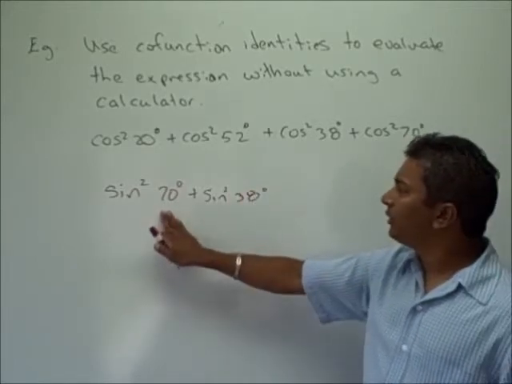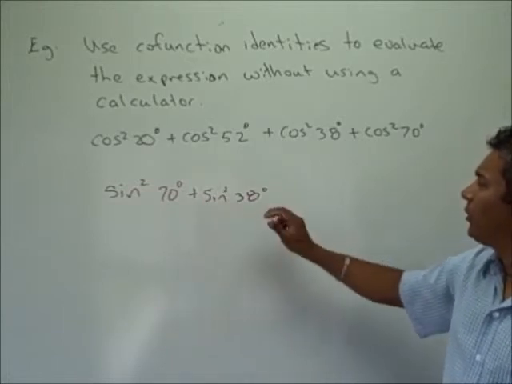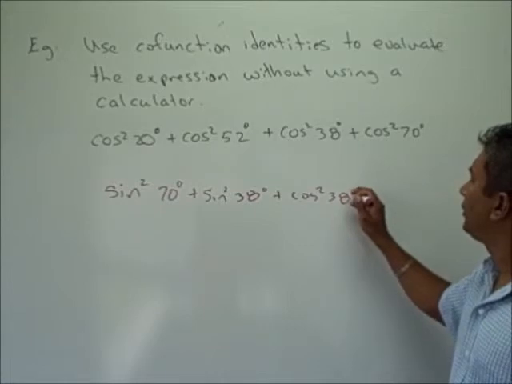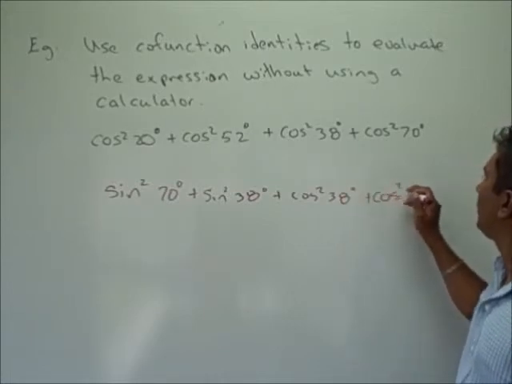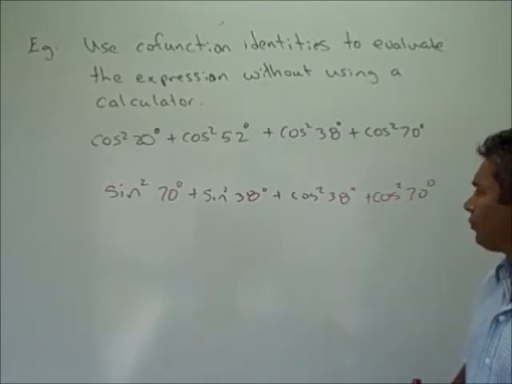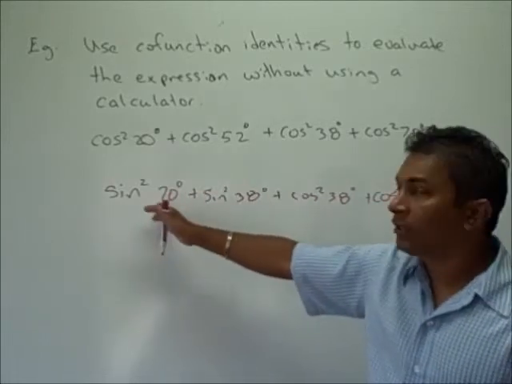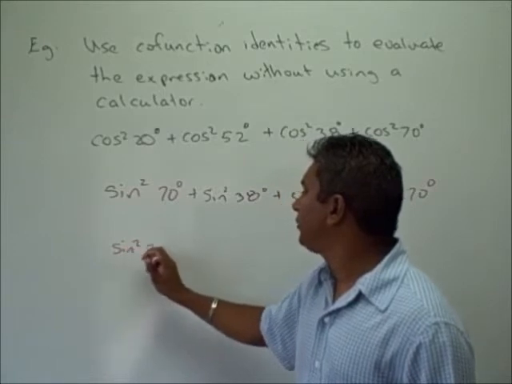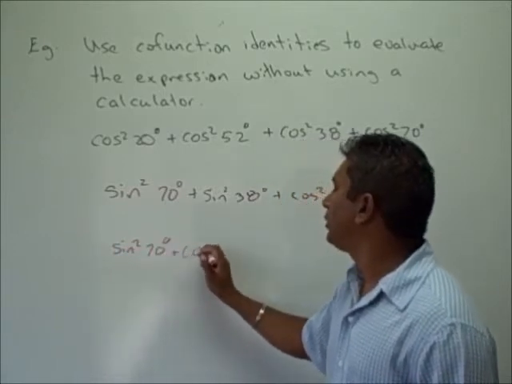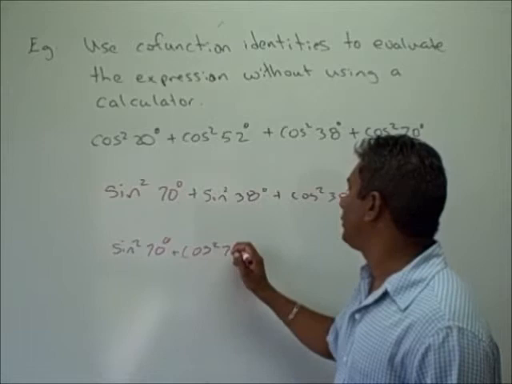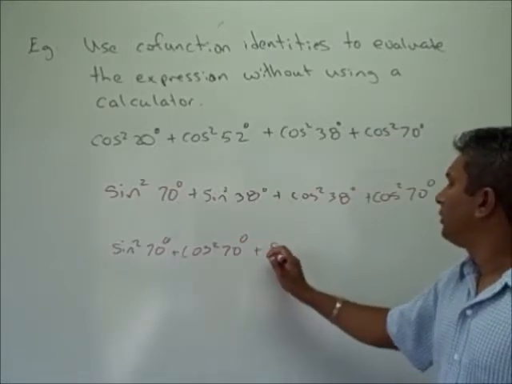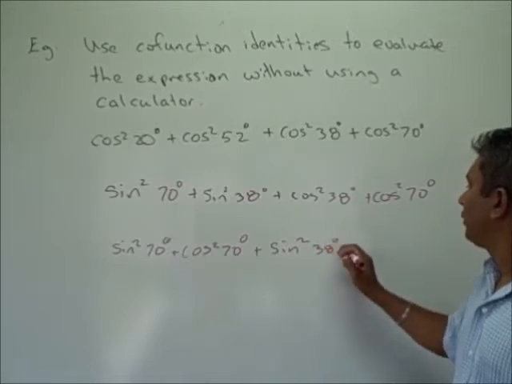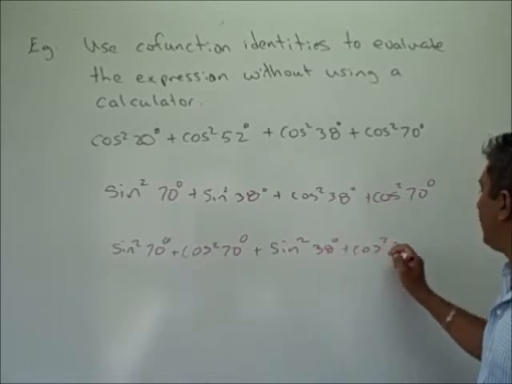So now we have sine squared 70 degrees plus sine squared 38 degrees plus cosine squared 38 degrees plus cosine squared 70 degrees. If we group our similar angles, we have sine squared 70 degrees plus cosine squared 70 degrees plus sine squared 38 degrees plus cosine squared 38 degrees.